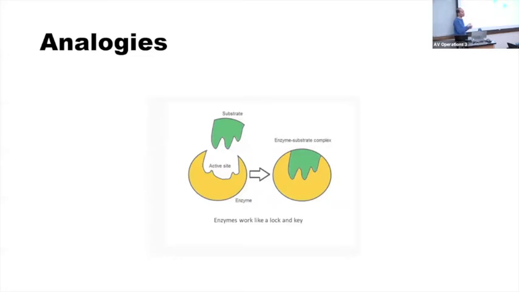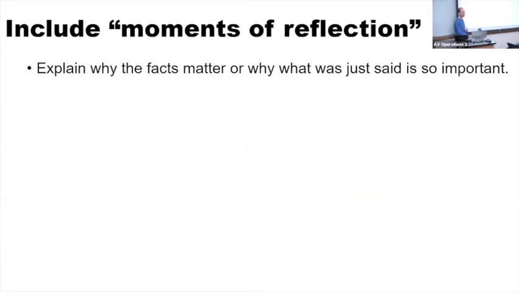And it can also be why the unexpected can work really well, because whenever people have this prior knowledge and they realize, oh, it's incorrect, that can be surprising, right? Because it's unexpected. Okay. And then always, always, always in a story, make sure you have these moments of reflection or these kind of out moments. They basically just explain why the facts matter, or why what was just said or what you wrote is important.